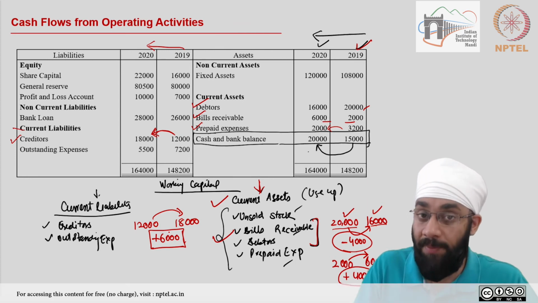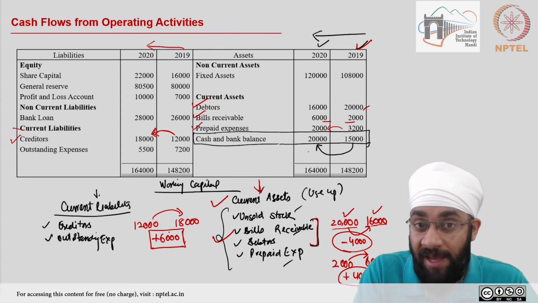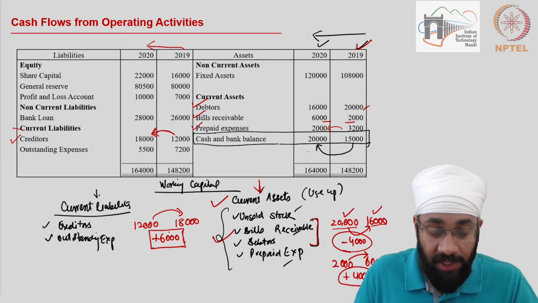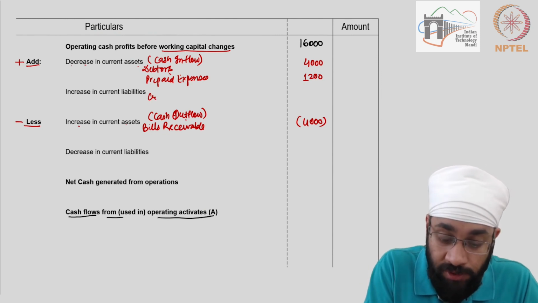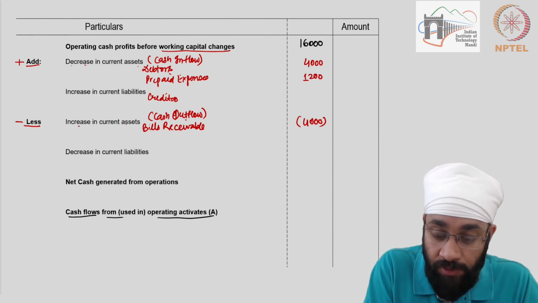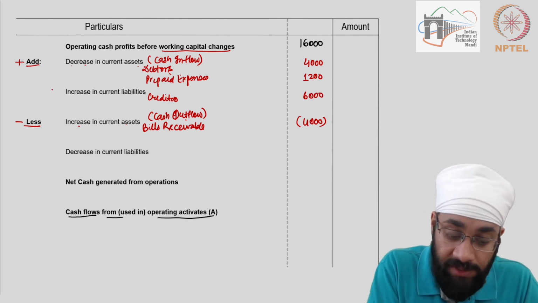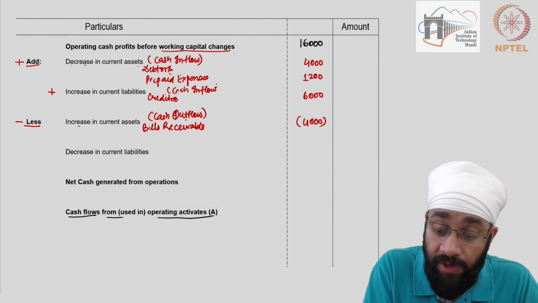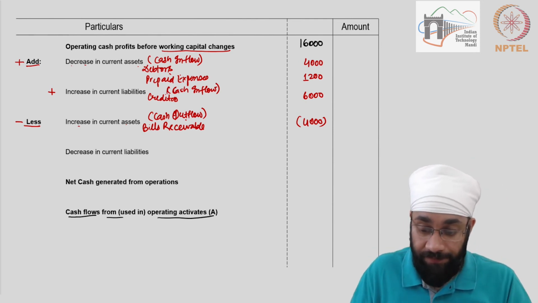If money to be paid has increased, that means you did not pay for it. That means you saved that cash and hence it is an inflow of cash. So an increase in creditors, or an increase in current liability, is also a source of cash. So creditors are going up by 6,000 and we are categorizing this as a source of cash. I'll write cash inflow. You don't have to write it, but just for your information right now.